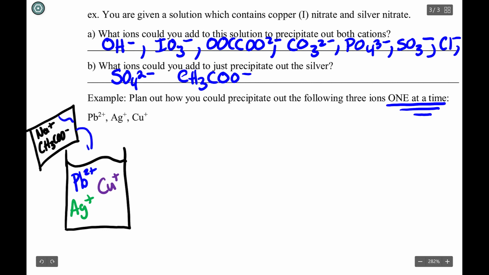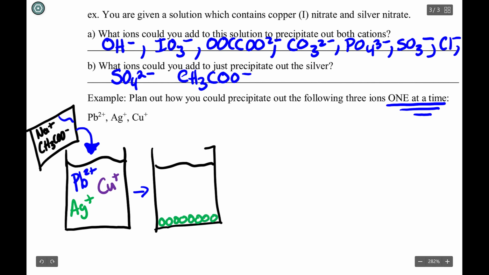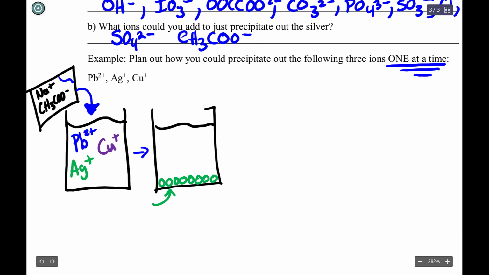I would pour that into this solution, and what would happen is I would form solid silver acetate at the bottom of the beaker. So this would be silver acetate, solid, but the lead 2 would still be floating around there, and the copper 1 would still be floating around there. Okay.